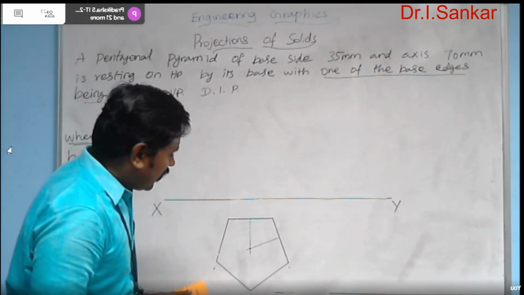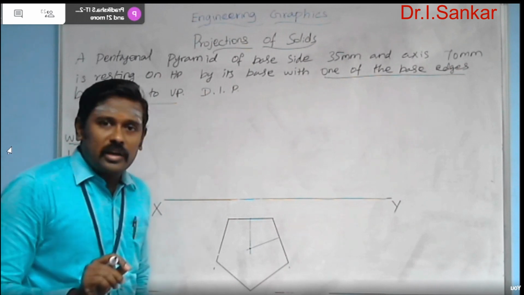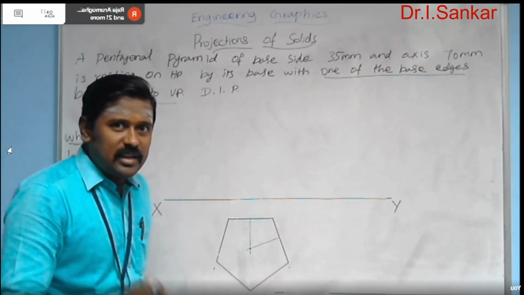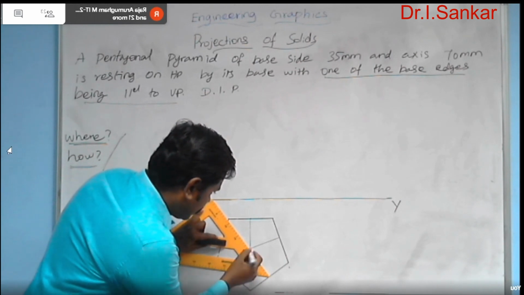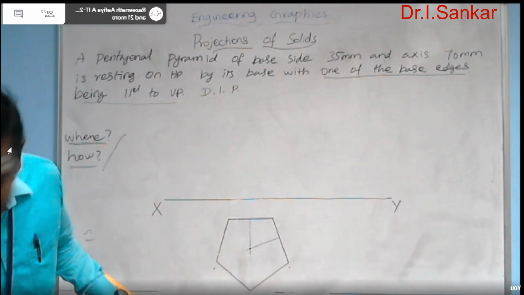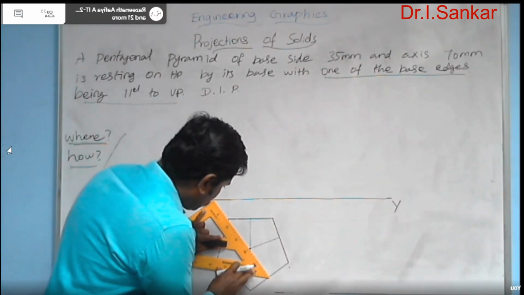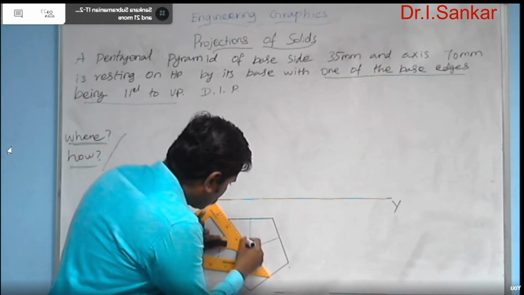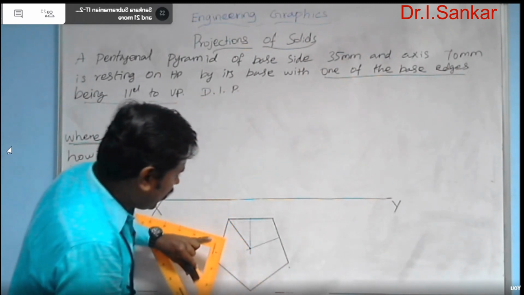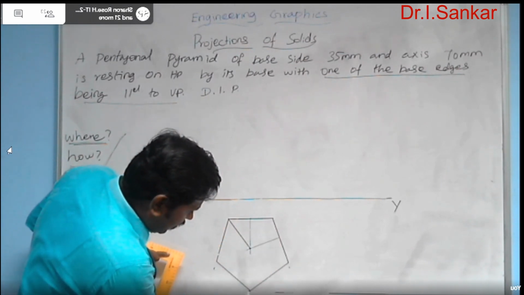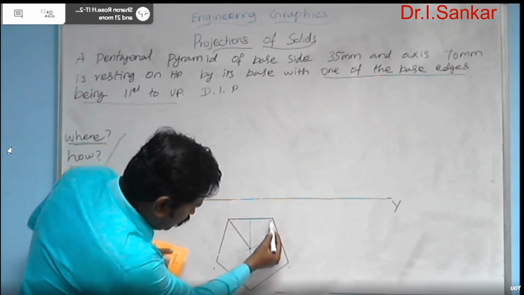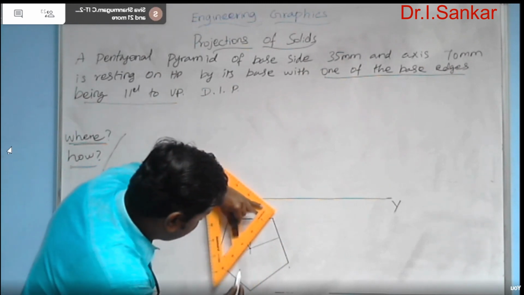Now, what you need to do is, you need to connect the slant edges or the side edges of the pentagonal pyramid. See here. How I am connecting? From each and every base corner of your pentagon, you need to draw a line towards the center.